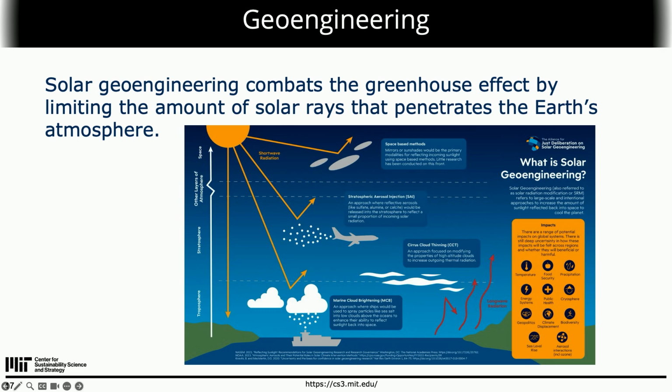The other one, you take a plane and spread more elaborate chemicals or aerosols in the stratosphere, a higher layer of the atmosphere, and it will also reflect more solar radiation out of the atmosphere.